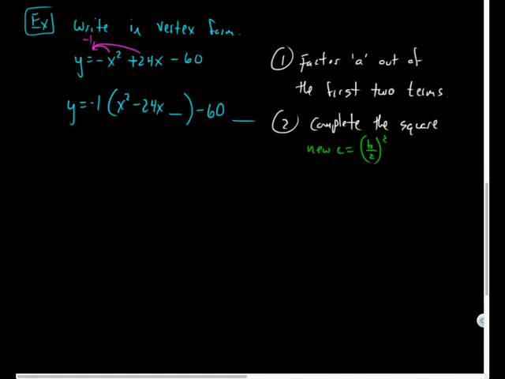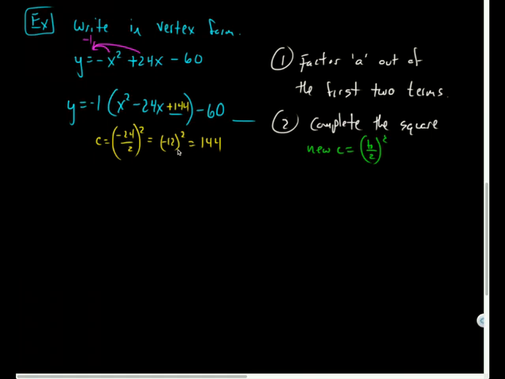So to complete the square here, my new c is negative 24 divided by 2 all squared. So that's negative 12 all squared, which is equal to 144. Okay, so inside the parentheses, I'm going to add 144. All right, completing the square.